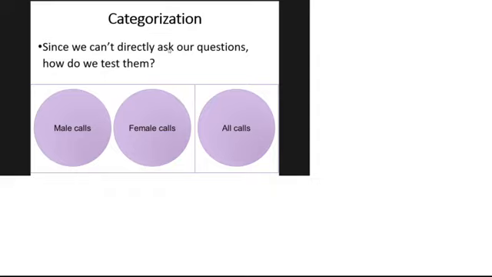If these chickadees form a mental category of male calls and a separate mental category of female calls, then we should see discrimination between those vocalizations and generalization within.